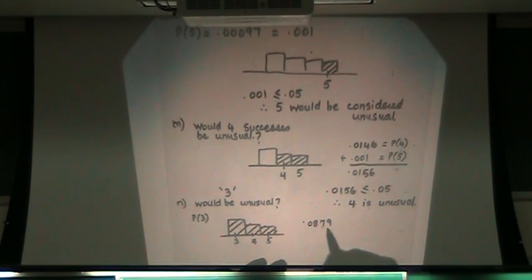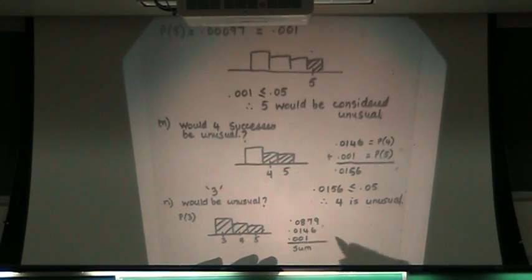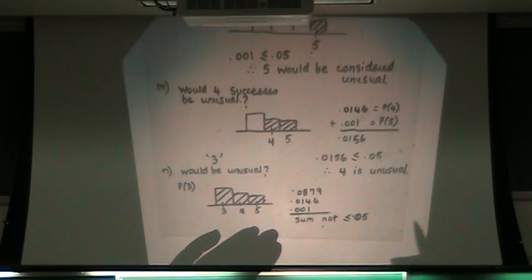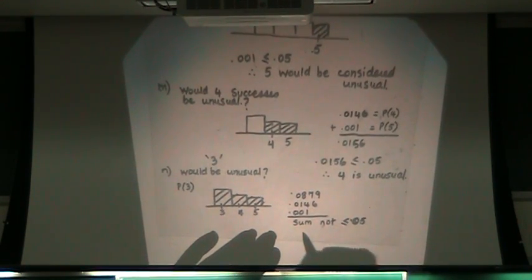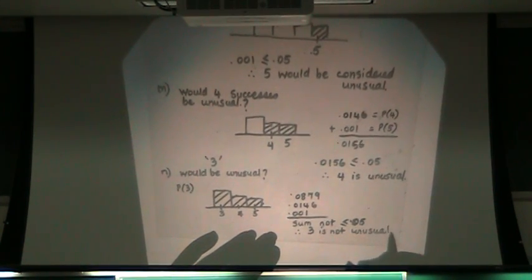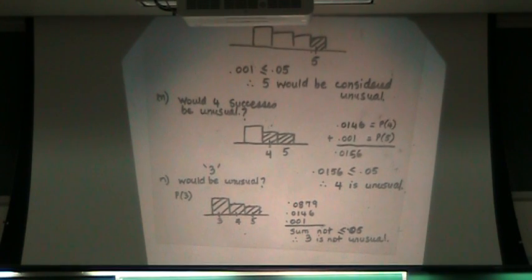So certainly 0.0879 plus 0.0146 plus 0.001, all that added together, the sum is not less than or equal to 0.05. Therefore, 3 is not unusual. Is it perfectly clear?